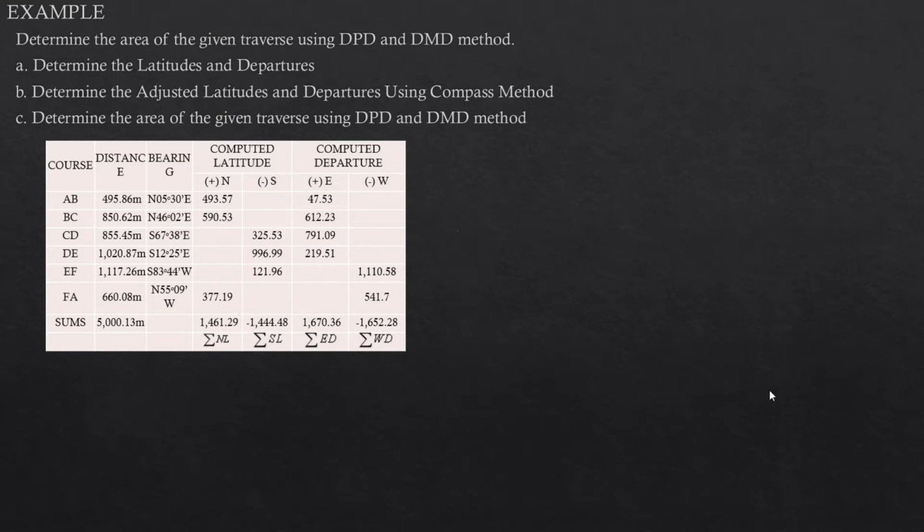Gamit yung formula natin, di ba meron tayong latitude is equal to distance cos theta or yung bearing. Then departure natin is equal to distance sine theta. Okay, so nakuha yung mga yan dito.